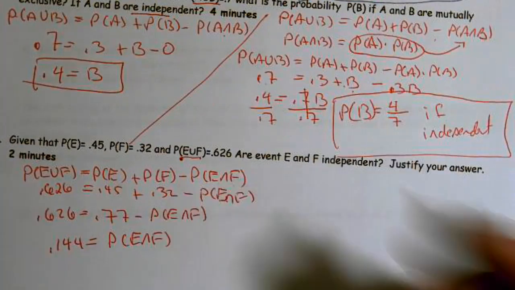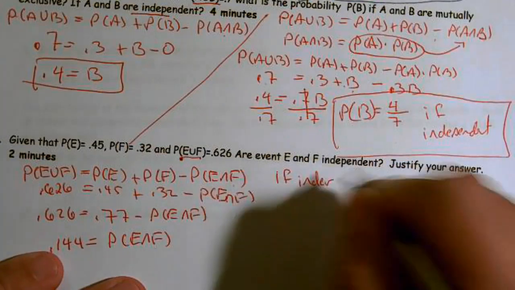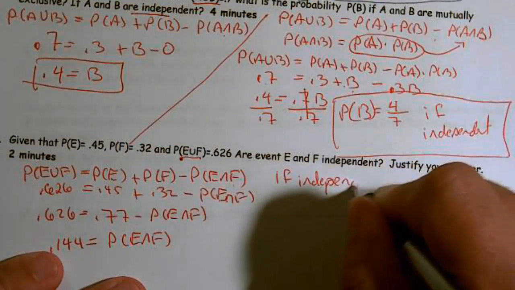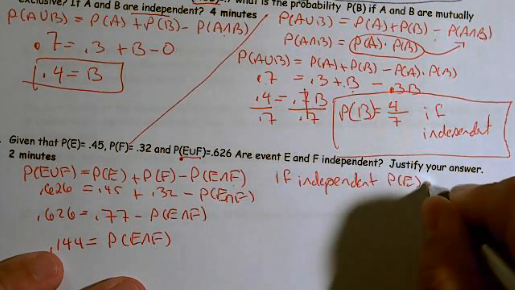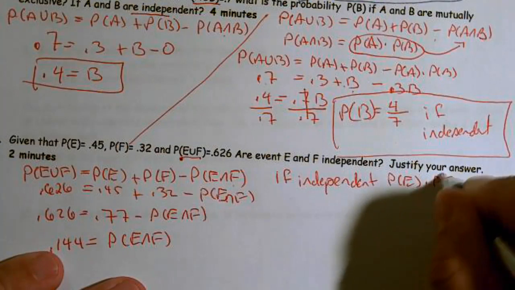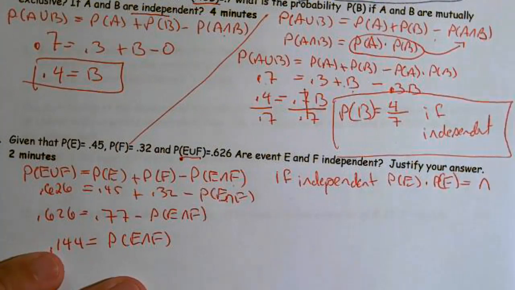So then if independent, and you don't have to write this, this is for your benefit. If independent, we know the probability of E times the probability of F equals the intersection, and I'm just going to write it like that because I'm running out of room.